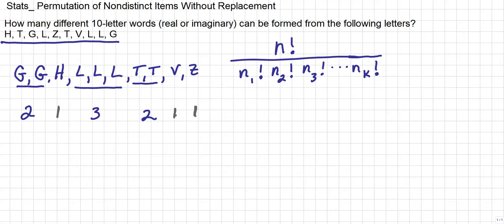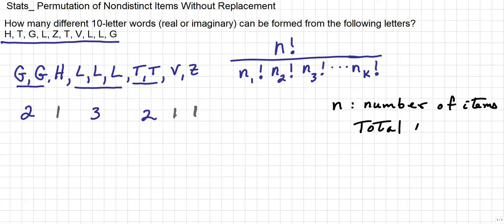So keeping in mind that in permutations and statistics in general, the letter N is going to represent the number of items. This is going to be your total number. And then each one of these subsequent n's in the denominator are going to represent groupings of your items.